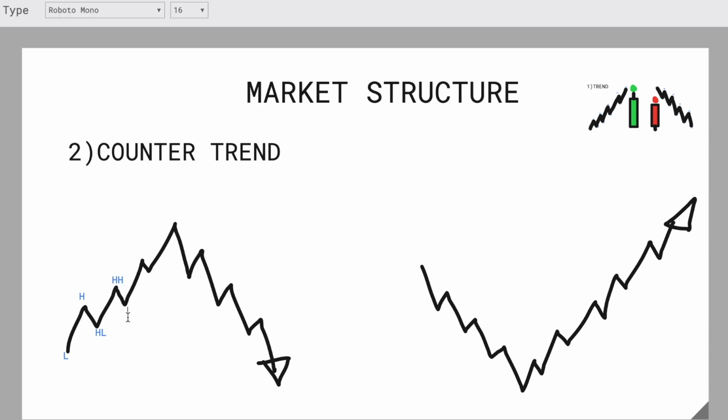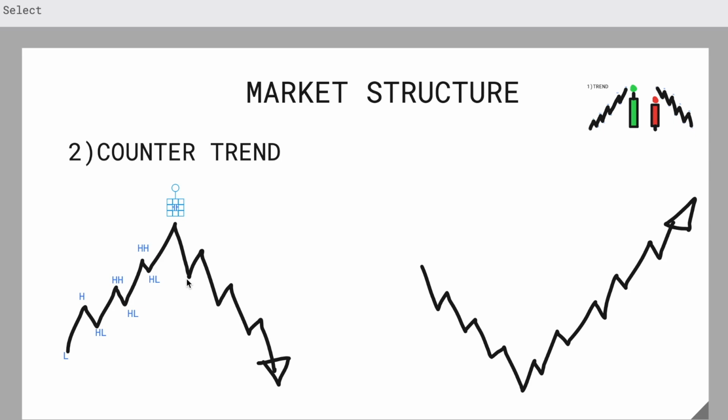This is our higher low, higher high, higher low, higher high, which means this is the uptrend. Price is on the upside. What actually happens here, right? Price fails to break this higher high. If it doesn't make a higher high, it doesn't break the structure.